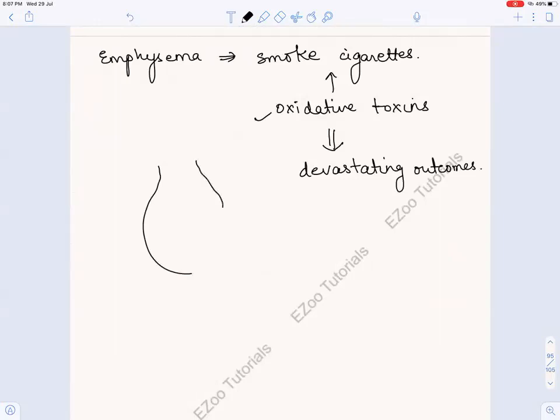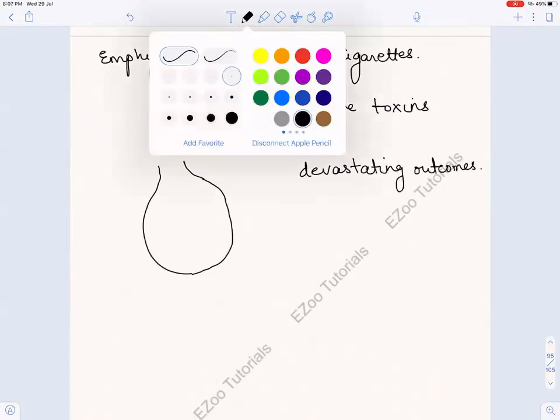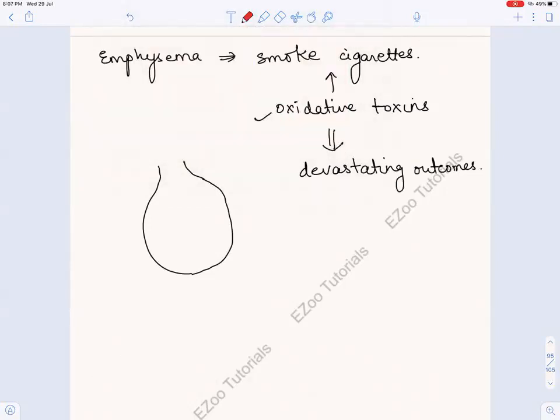Okay, so now let us draw our alveolus. Suppose these are the reactive oxidative toxins that we are talking about, and we'll draw these epithelial cells, one layered.